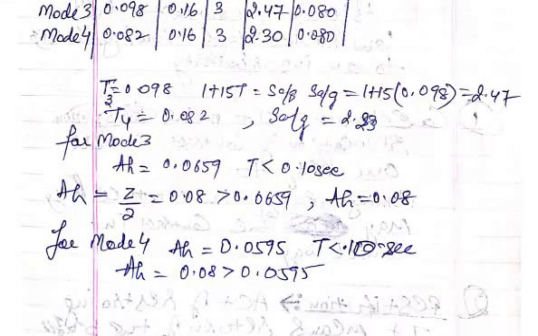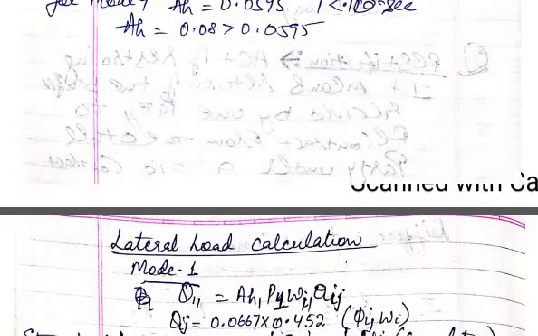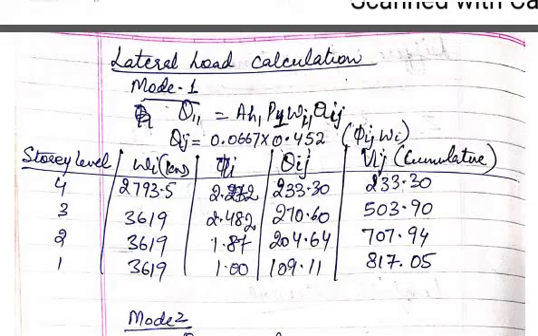Now moving to the lateral load calculations for mode 1. Now you have all these values: Ah, all these.